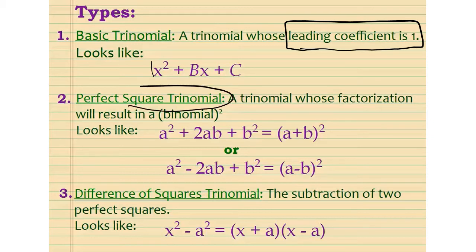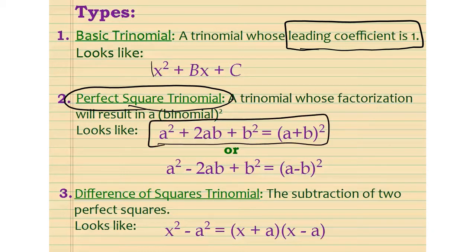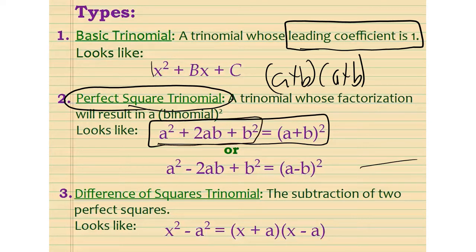There are some trinomials called perfect square trinomials. They look like this. A plus b quantity squared means we have written a plus b times a plus b and FOILed it. And then we've gotten a squared plus 2ab plus b squared.